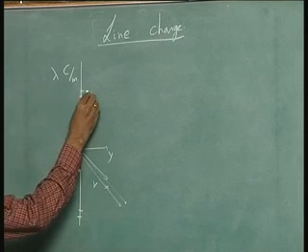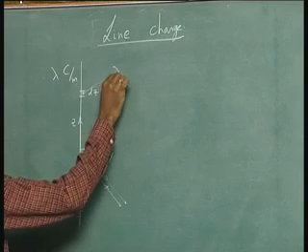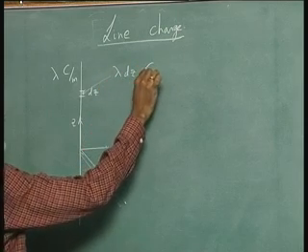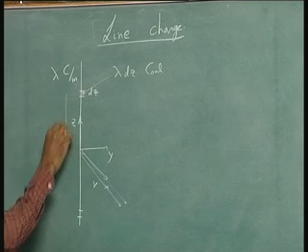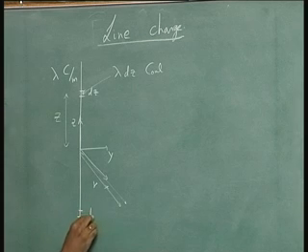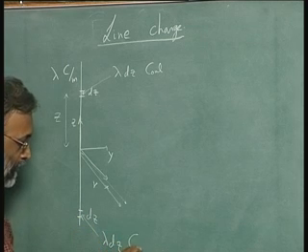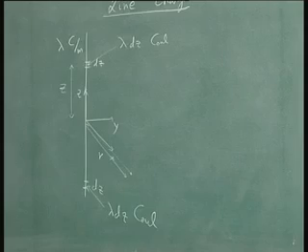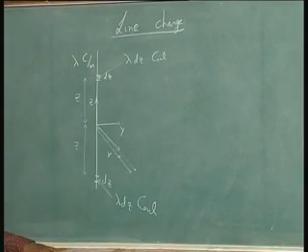I will take a little piece whose length is dz, which means the amount of charge in there is lambda dz coulombs, and this piece is a distance z above the xy plane. I take another piece which is also dz in size, so its charge is also lambda dz, except it is lying a distance z below the xy plane.